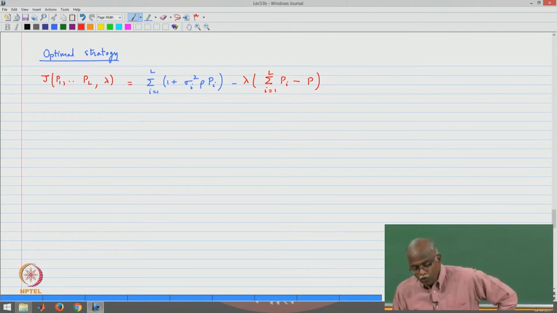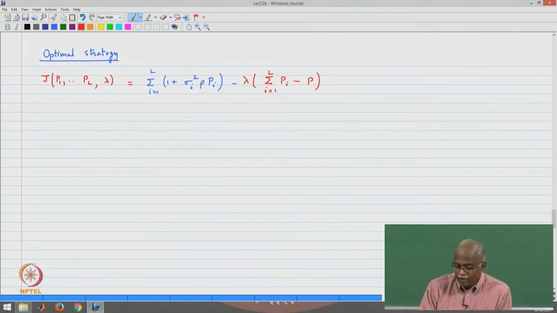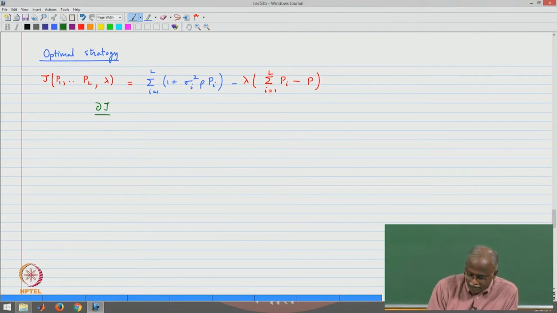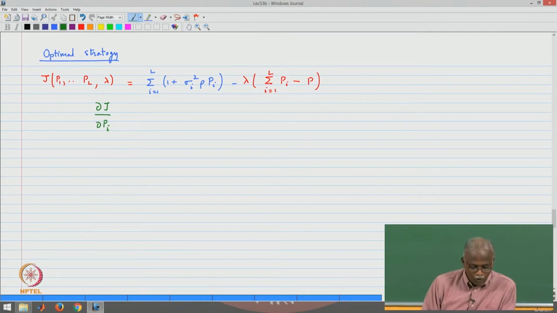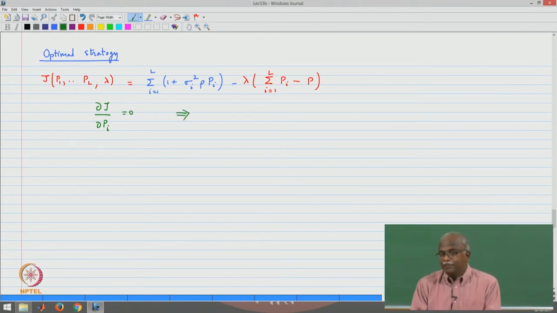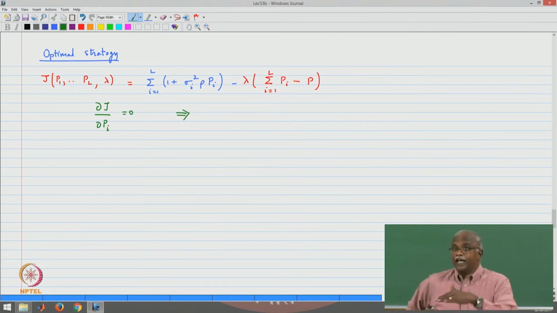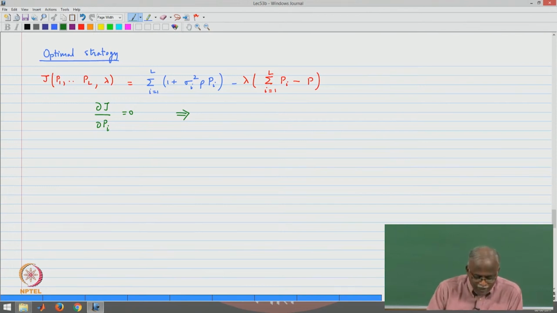Now, we want to maximize the sum capacity. So, the approach would be to differentiate the objective function, taking partial derivatives with respect to the different powers, dou Pi, and set it equal to 0. Now, if you remember, we did exactly the same steps when we derived the optimum power allocation under different SNR conditions for a SISO channel. So, basically following the same method.